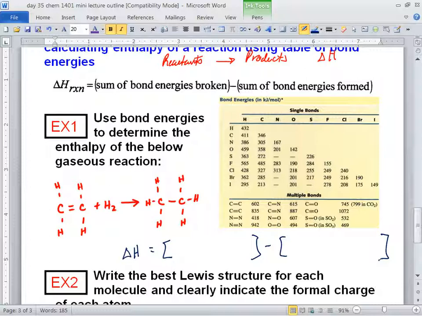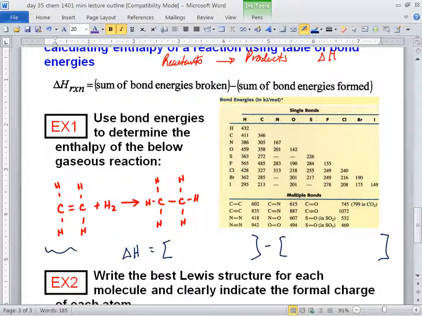You're going to identify just the bonds that were broken. Okay, so if I want to break bonds, am I supposed to be looking at the reactant side or the product side? The reactant, right? Because the reactant has to break. Okay, so what bonds, let me circle them. So here's my reactants. Which bonds should I be circling?